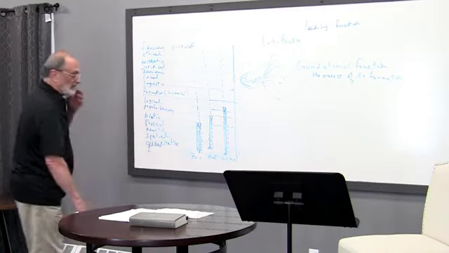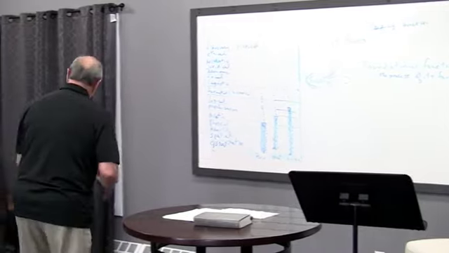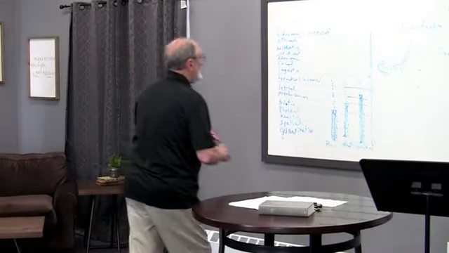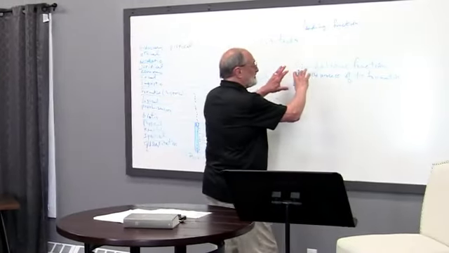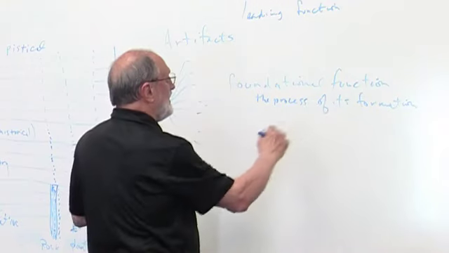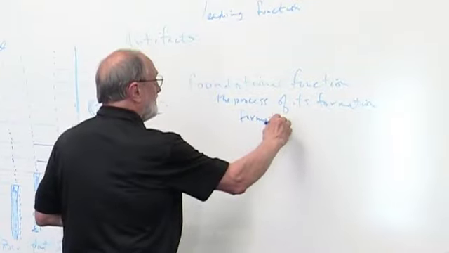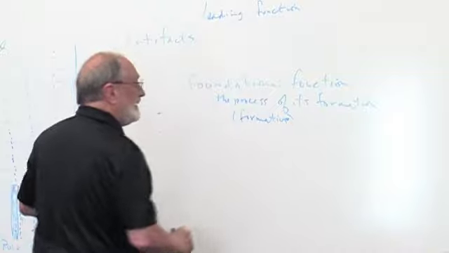So let's take an example of some artifact and ask about its nature. How about the book here? The foundational function, what's foundational to this artifact, is the process of its formation, which is itself what I called formative. It's the formative or historical aspect.